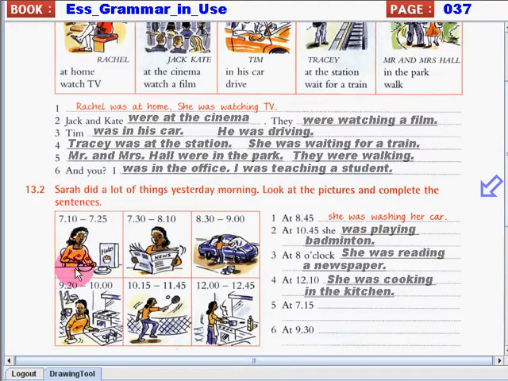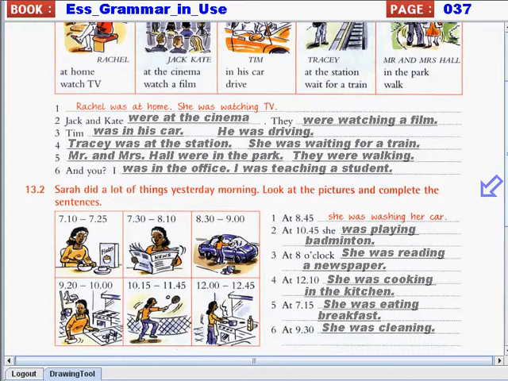What was she doing at 7:15? So, at that time, she was eating breakfast. And the last number 6, at 9:30. This is the picture. So, what was she doing at that time? So, at 9:30, she was cleaning.